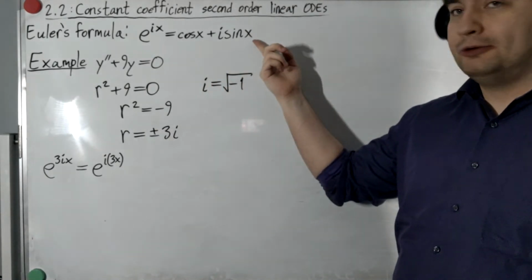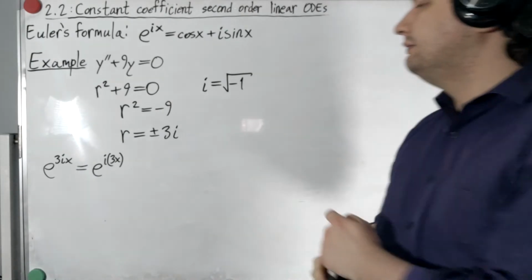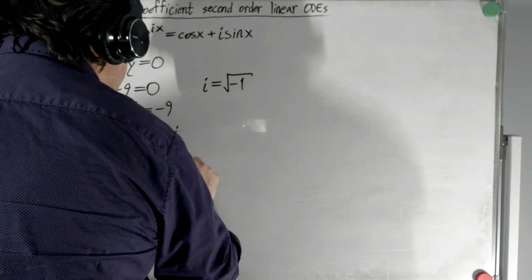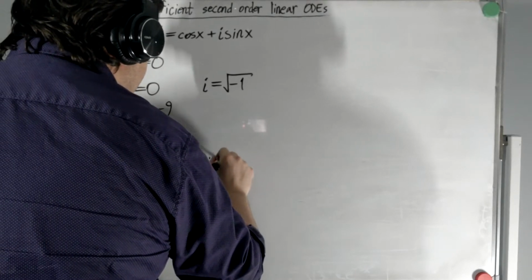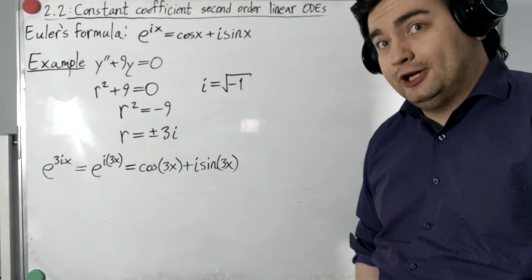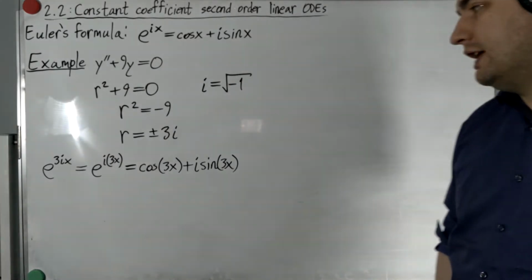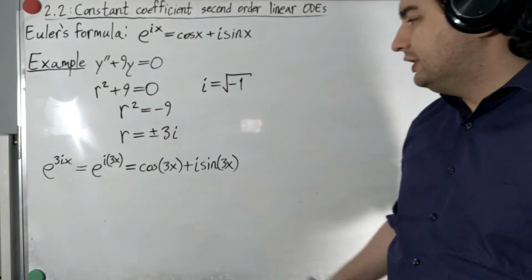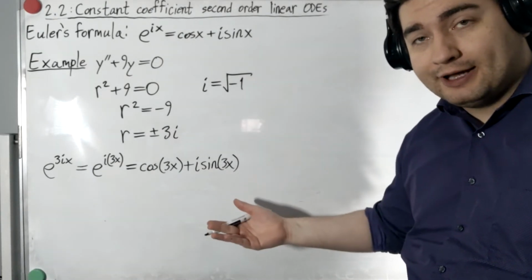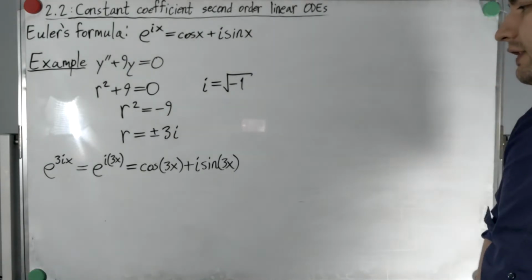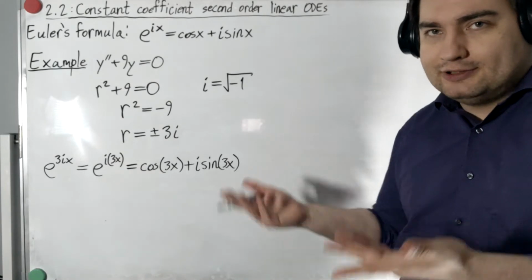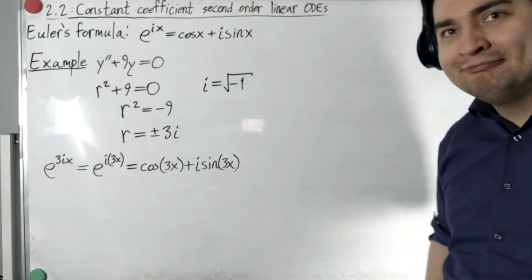So then according to Euler's formula, that is going to be cosine of 3x plus i times the sine of 3x. Okay, very well then. But this is still a complex function, a non-real valued function. You take any value for x, what you'll get back is some non-real number, unless, of course, the sine is 0, but that's not the point.